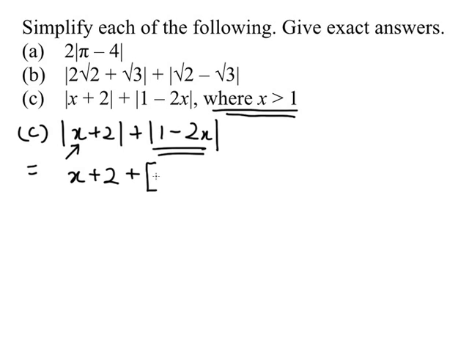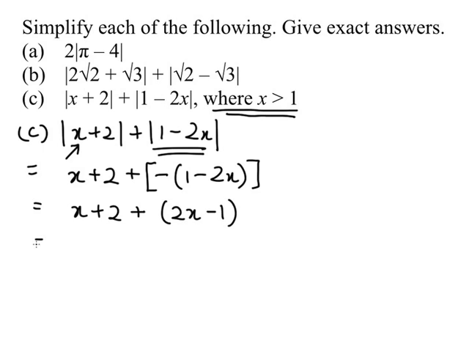We need to put a minus outside the 1 minus 2x. And the result will be this: 2x minus 1. And then after that we just simplify. 3x plus 2 minus 1 will give us plus 1, and that will be the result.